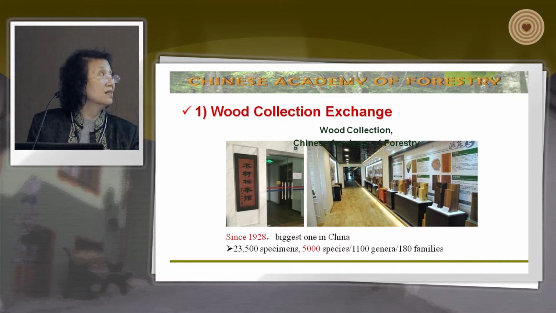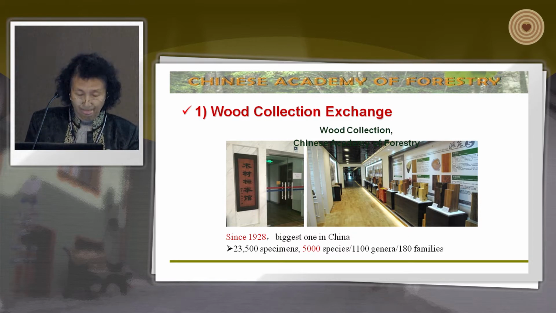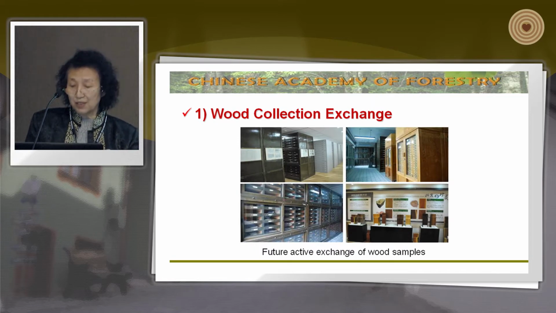It has a long history, established in 1928, the biggest one in China. It has 500 species. So in the future we want active exchange of wood samples with different institutes and universities.